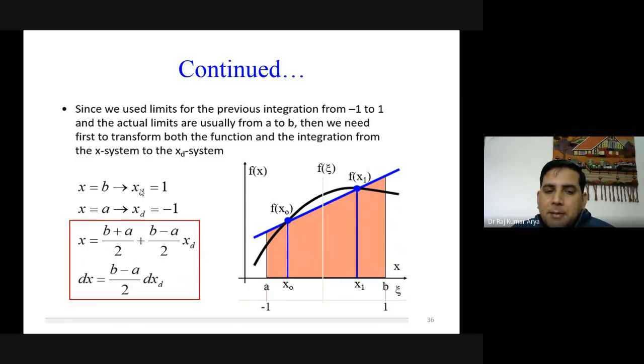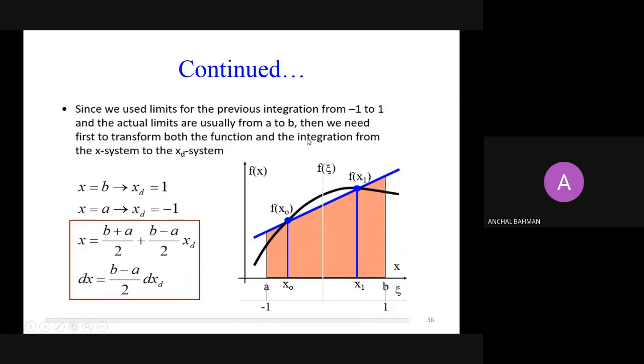Zeta is the variable. So now you have two boundary conditions: x equal to b, your zeta is 1, and x equal to a, your zeta is -1. Substitute those into that equation and you can calculate p and m.